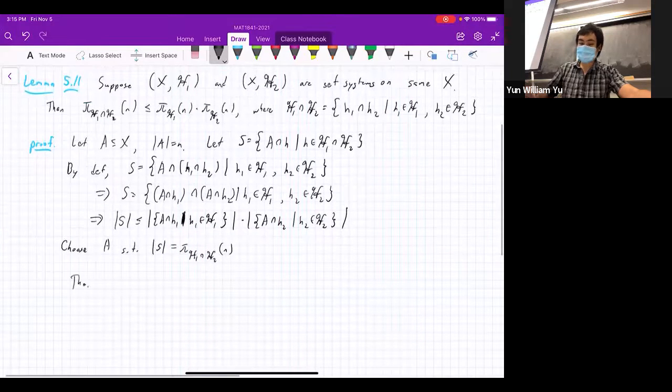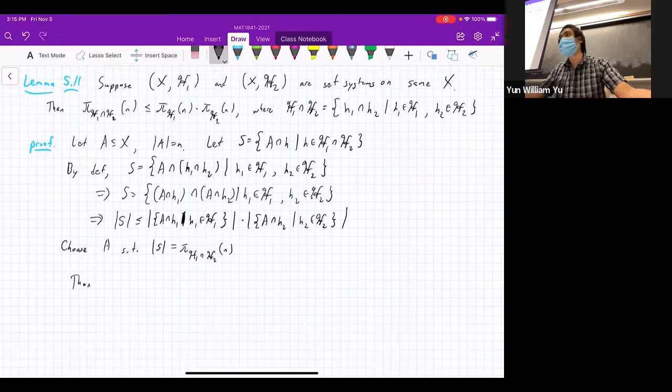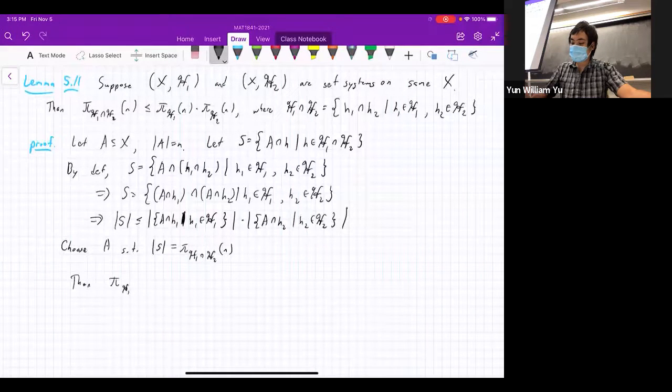These are clearly some other shatterings of A under these two different sets, and even if A isn't maximally shatterable under H1 or H2, it's still clearly bounded from above by that. Therefore pi of H1 intersect H2 of n is always less than or equal to pi of H1 of n times pi of H2 of n.